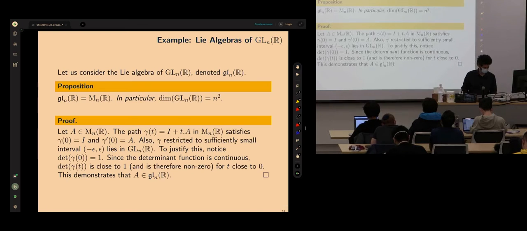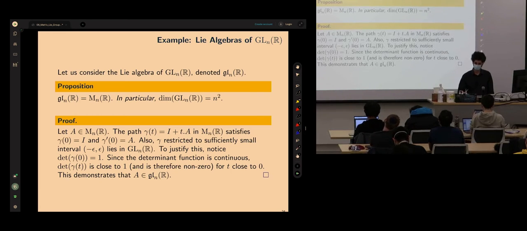So we can talk about the Lie algebra of every particular matrix group. This is the part that we need to practice in your homeworks and Piazza. Of course, I give you the solution, but you want to go through them. For the general linear group, it's very easy to prove.